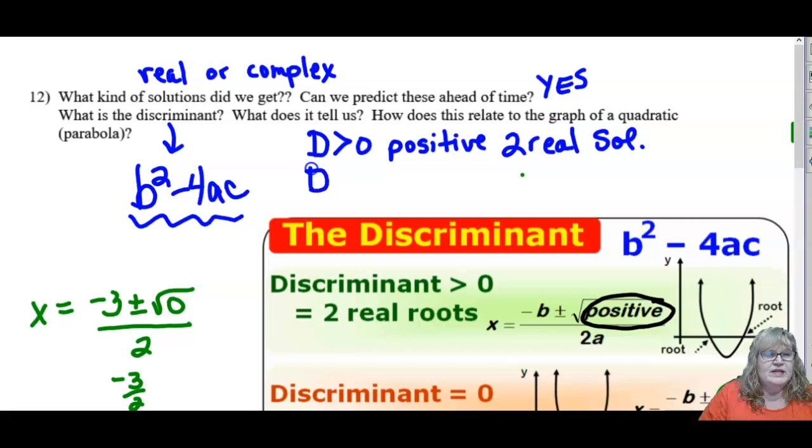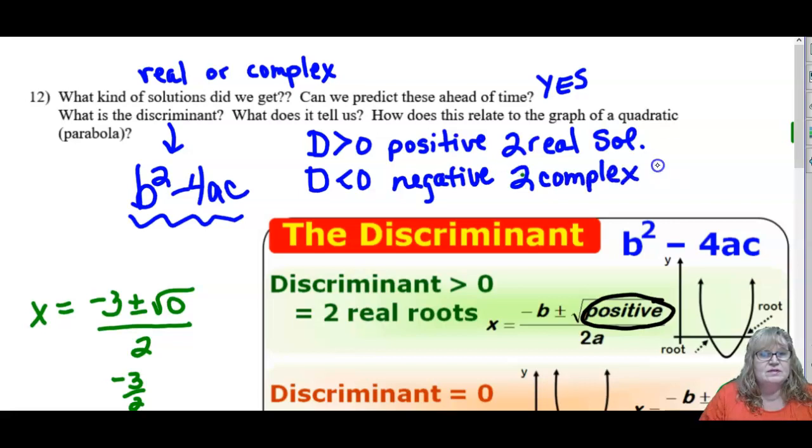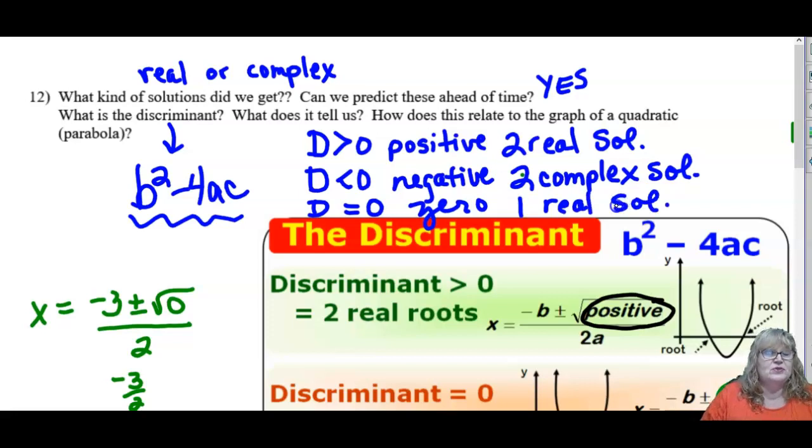If that discriminant is negative, when we square root a negative number, we get imaginary numbers, so we will have two complex solutions. It means it has no x-intercepts. And if the discriminant happens to come out to be exactly 0, then we get only one real solution because plus or minus 0 doesn't matter, it's only one solution.